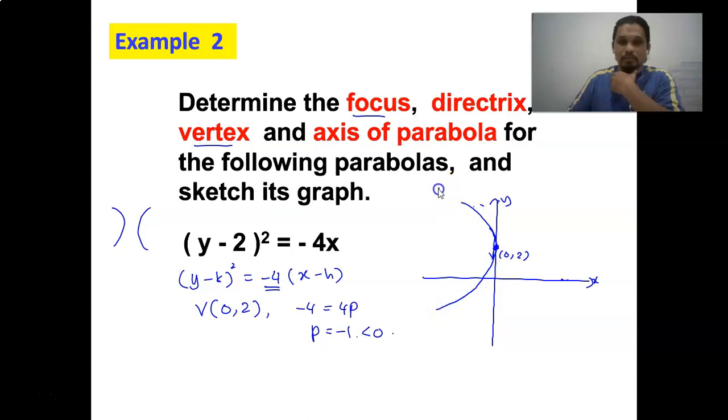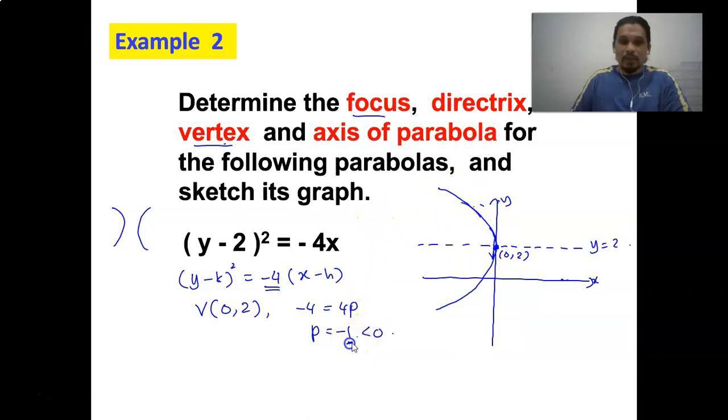And then this is the symmetrical line of the parabola. The axis of the parabola is y equal to 2, and p equal to negative 1 shows that the parabola faces open to the left.